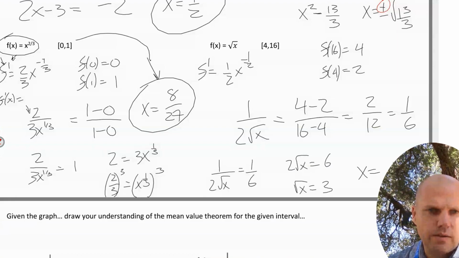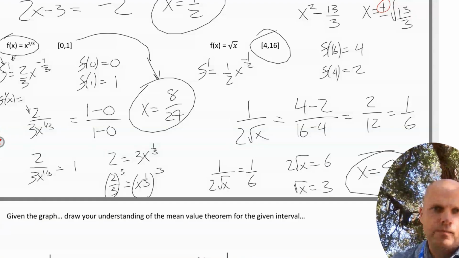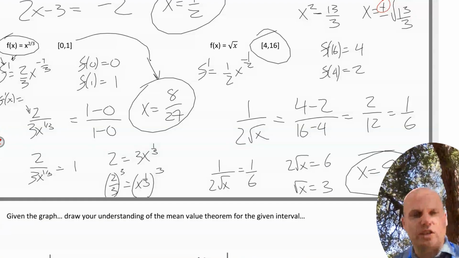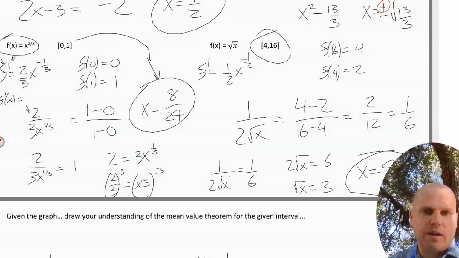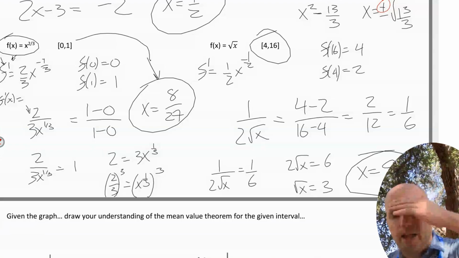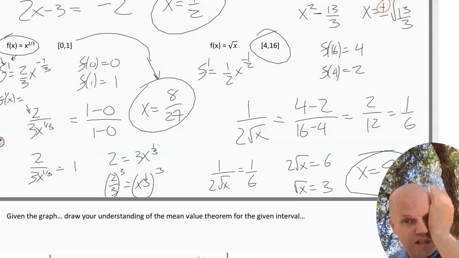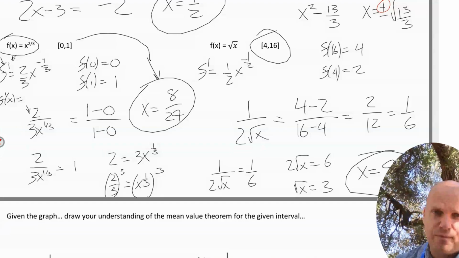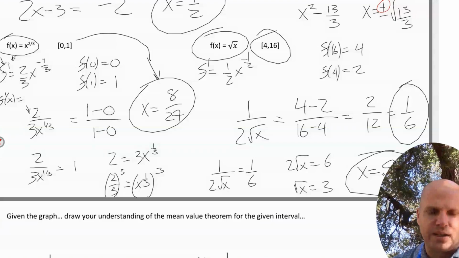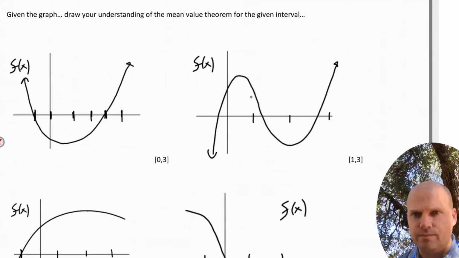Square both sides. 9. Look at that. 9 is in between 4 and 16. It's guaranteed to exist by the mean value theorem. And that's where the instantaneous rate of change equals the average rate of change. F is increasing by 1/6 of a y per x at x equals 9, which is also equal to the average rate at which f is changing over the interval 4 to 16.